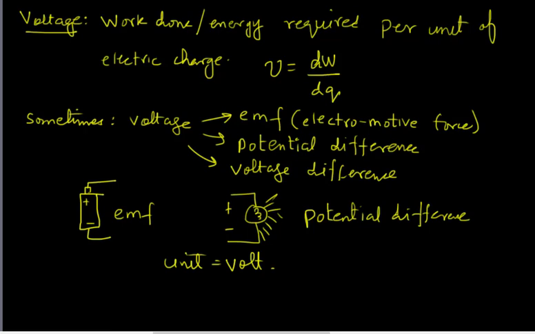Now, the next discussion in this regard is charge and current. We need to talk about charge and then how it flows to become current. Now, charge is simply the presence or absence of additional electrons in an atom.